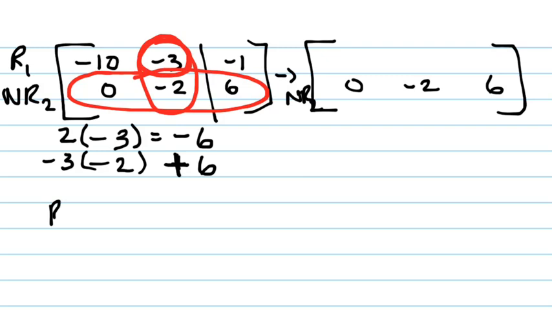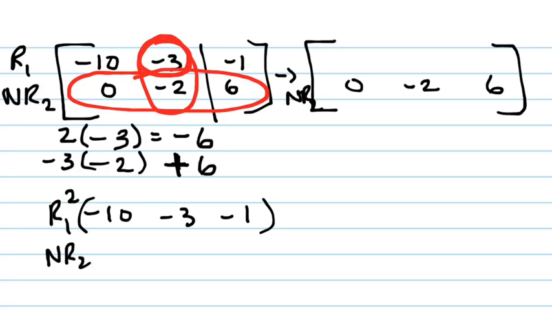So let's do our operations. Row 1 is negative 10, negative 3, negative 1, and I'm going to multiply that entire thing by 2. New row 2 is, sorry, I'm lying, 0, negative 2, and 6. And I'm going to multiply that entire thing by negative 3. Again, remember a negative, because I need to change not only the number but also the sign.